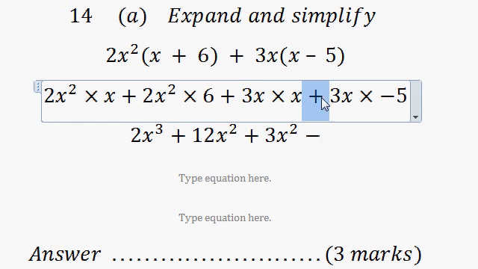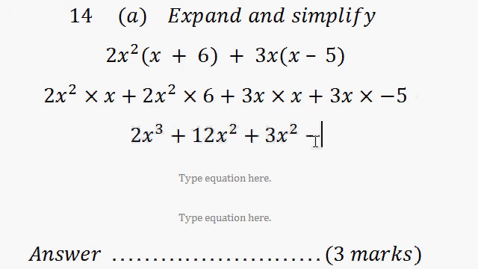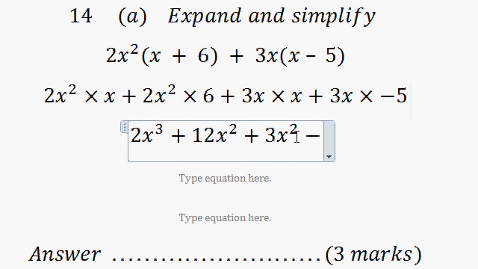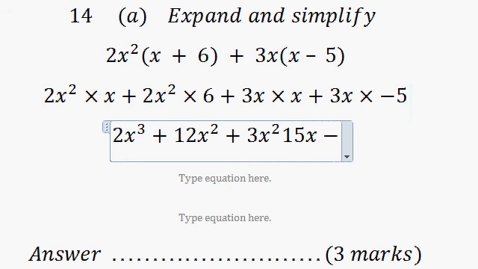One is plus 3x, the other is minus 5, so the answer will be minus. And then 3x times 5 is, 3 times 5 is 15x. 15x.